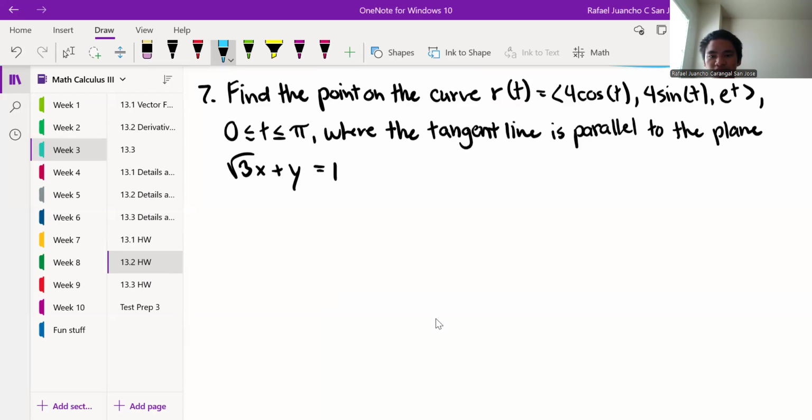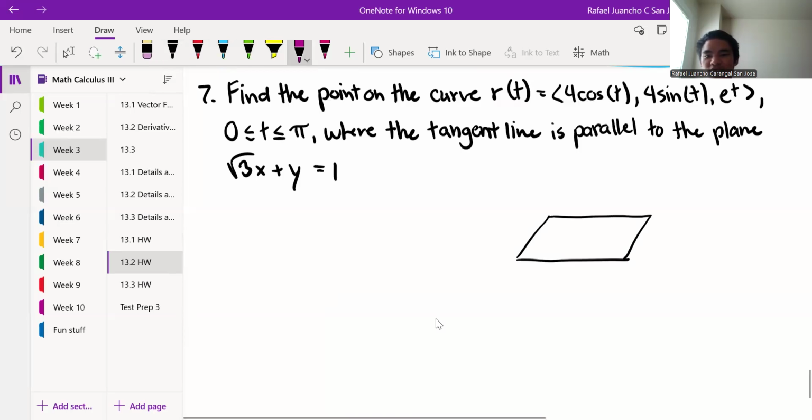So based on what I explained, I was kind of getting it, but I wasn't sure. If we have a plane, we have a normal vector, right? Now, we want a tangent vector that's parallel.